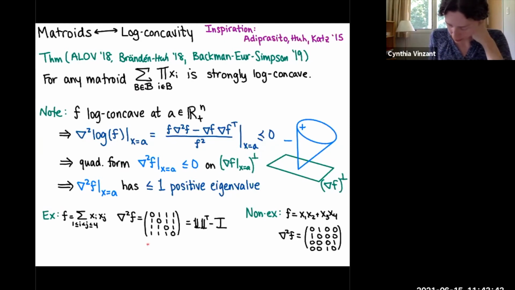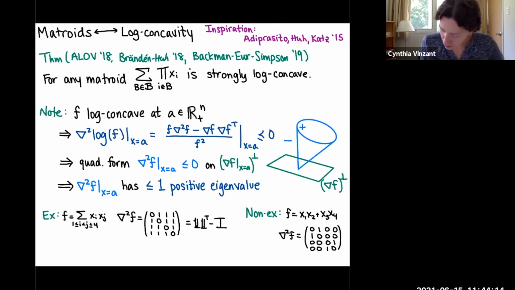We get the following constant matrix, and we can write this matrix as the all ones matrix, which is rank 1, minus the identity matrix. And so this is going to have exactly one positive eigenvalue corresponding to this, and then the rest will be negative. So this is what the theorem promises us will happen.